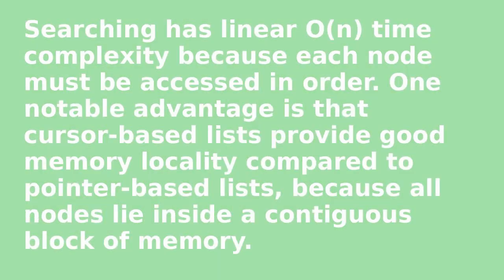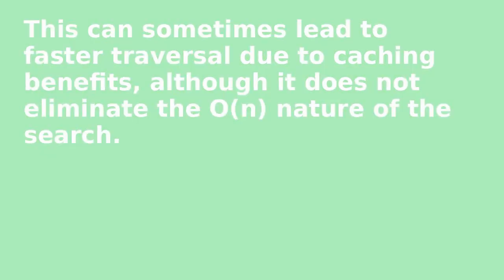Searching has linear O(n) time complexity because each node must be accessed in order. One notable advantage is that cursor-based lists provide good memory locality compared to pointer-based lists, because all nodes lie inside a contiguous block of memory. This can sometimes lead to faster traversal due to caching benefits, although it does not eliminate the O(n) nature of the search.